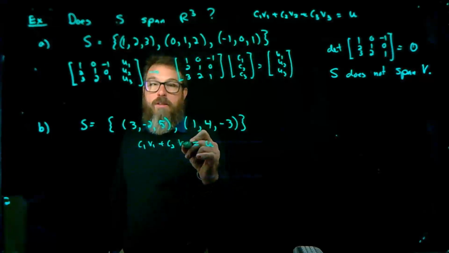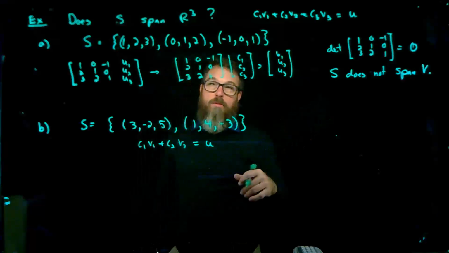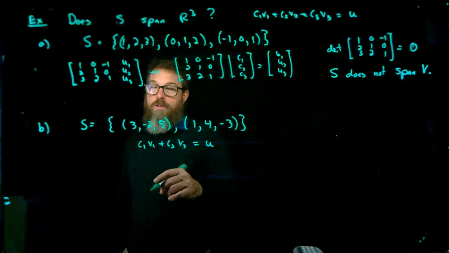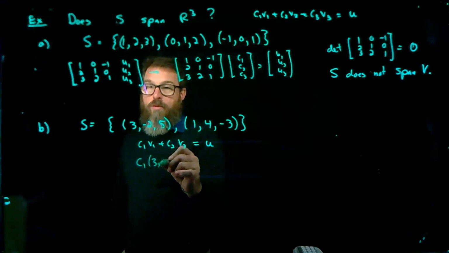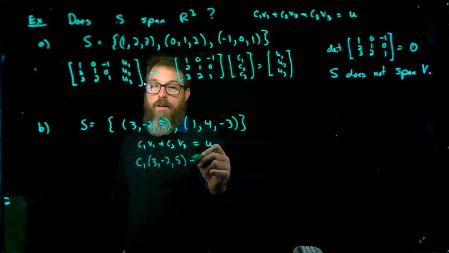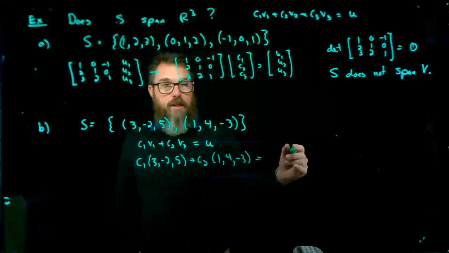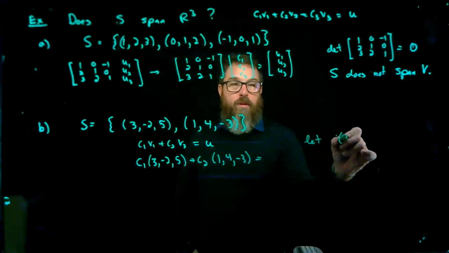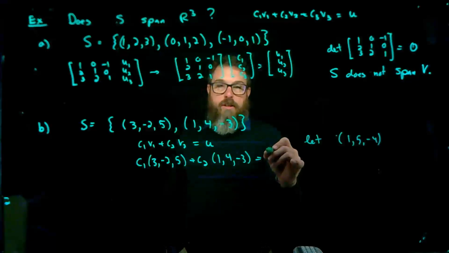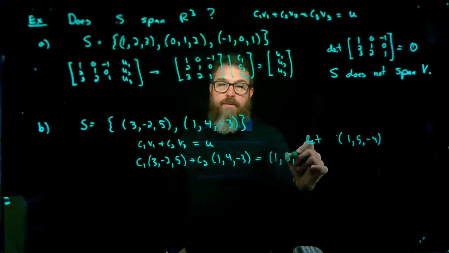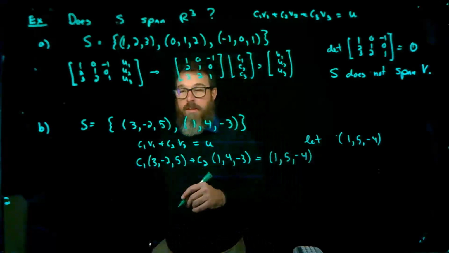Since I know this is already going to fail, I'm just going to pick 3 numbers and show it doesn't work for that, because remember, it's supposed to work for every single vector. So C1 times (3, minus 2, 5) plus C2 times (1, 4, minus 3) is going to be equal to, let's say U equals (1, 5, minus 4). If it can't build this vector, it can't build all vectors.